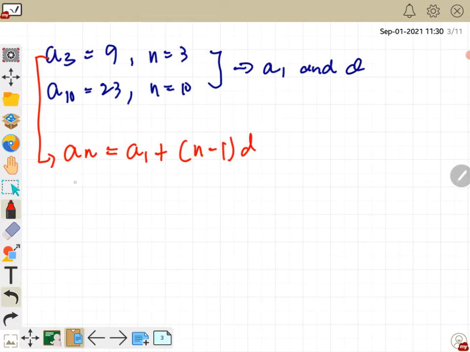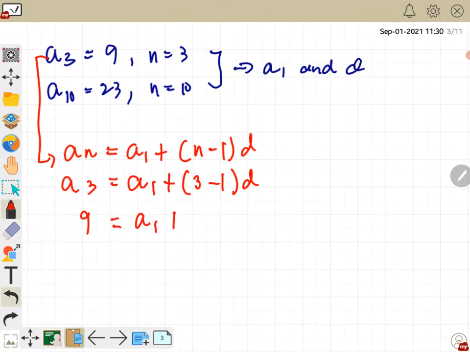So our a sub n becomes a sub 3, and we do not know the a sub 1. So we have a sub 3 is 3 minus 1, and we do not know our d. We know that our a sub 3 is 9, so we'll simply replace that with 9. 9 equals a sub 1 plus 2d. This is our first equation.